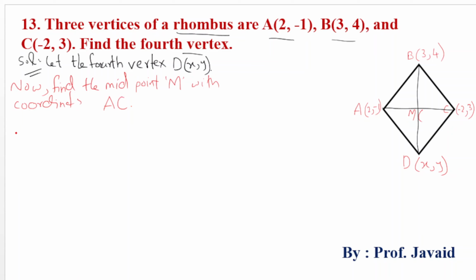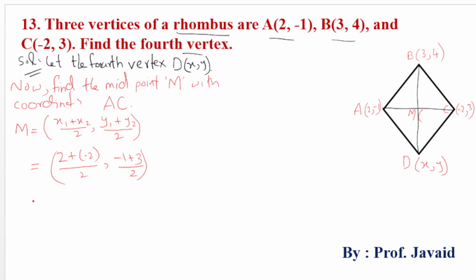You know the midpoint formula: (x1 plus x2) over 2 and (y1 plus y2) over 2. So no confusion should be there. As we are using AC, x is (2 plus negative 2) over 2, and y is (negative 1 plus 3) over 2.